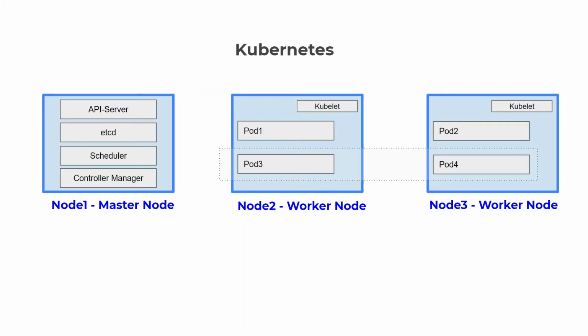Alright, so now we've seen the components on the master node. Let's now discuss the components on the worker node. The only item we have not covered so far is kubeproxy. The kubeproxy allows communication from pods to services or from the outside world to the services.